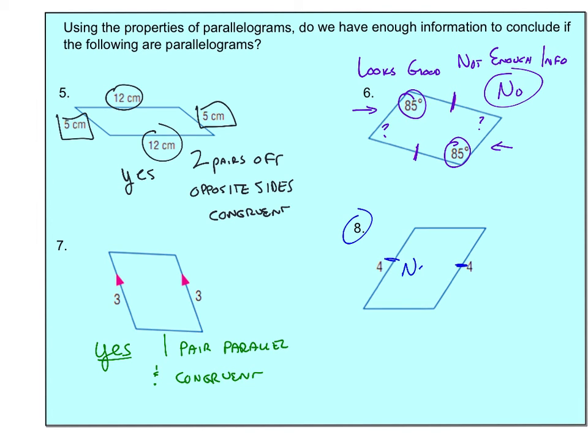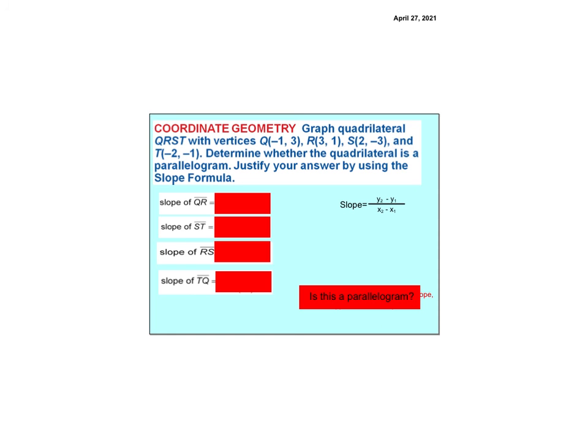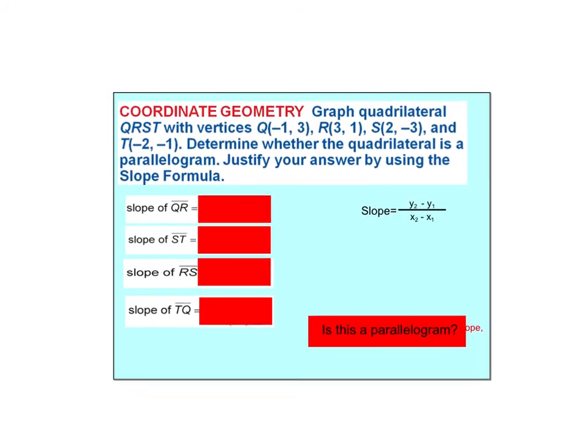And that's a no, because if I do this, both those sides are still equal, and that is absolutely not a parallelogram. So that one's going to be a no.